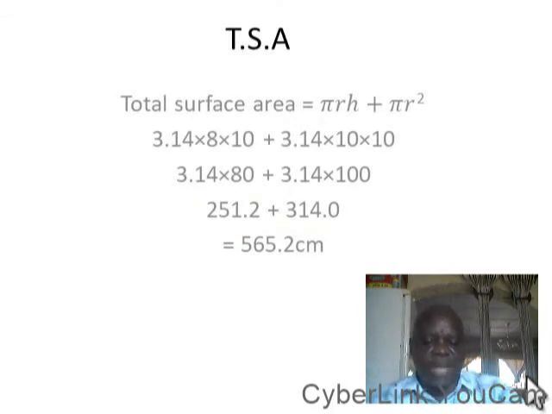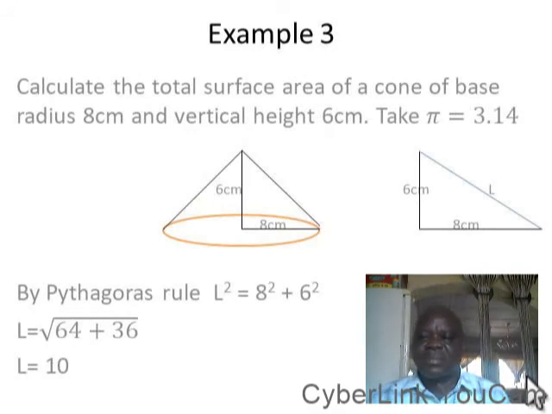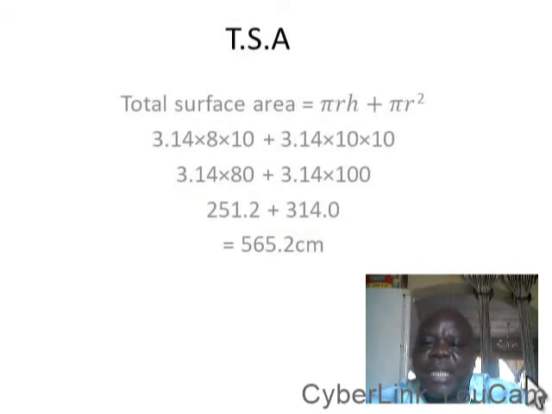Now we have looked at that. Here we are looking for the total surface area. The total surface area is pi r l plus pi r squared. We've already found our l. Please, that h is supposed to be l. Please try and correct it.